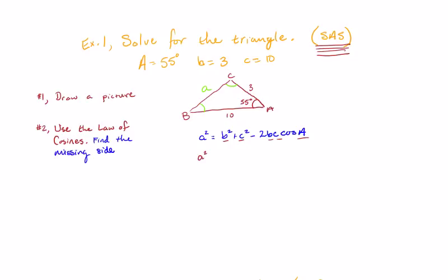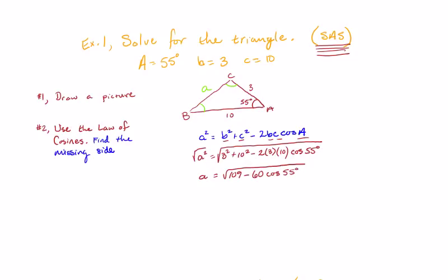So A squared equals 3 squared plus 10 squared minus 2 times 3 times 10 cosine of 55 degrees. Okay? And then we'll take the square root of both sides. So A equals the square root of 9 plus 100, which would be 109, minus 2 times 3 times 10, what's that, 60, cosine of 55.